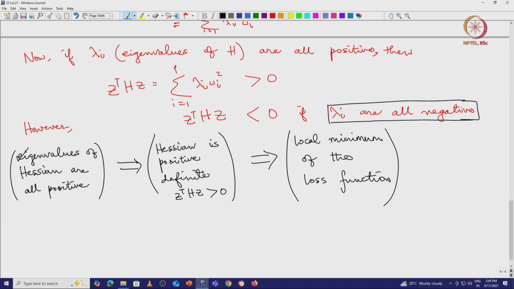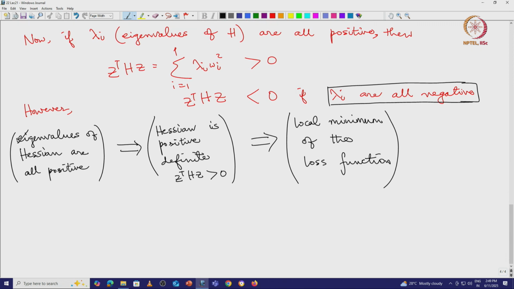Okay. So, now let us rewind a few lectures and recall what we had done in linear regression. In linear regression, beta hat, the optimal set of parameters, was x transpose x inverse x transpose y.